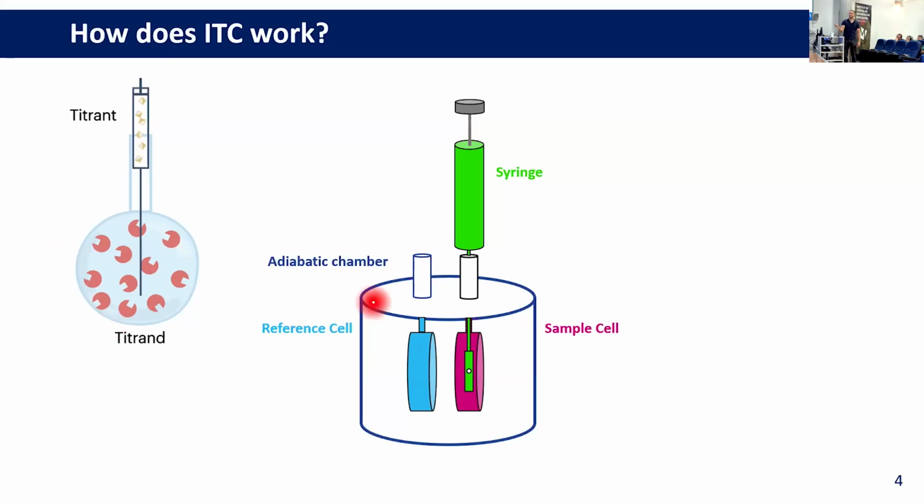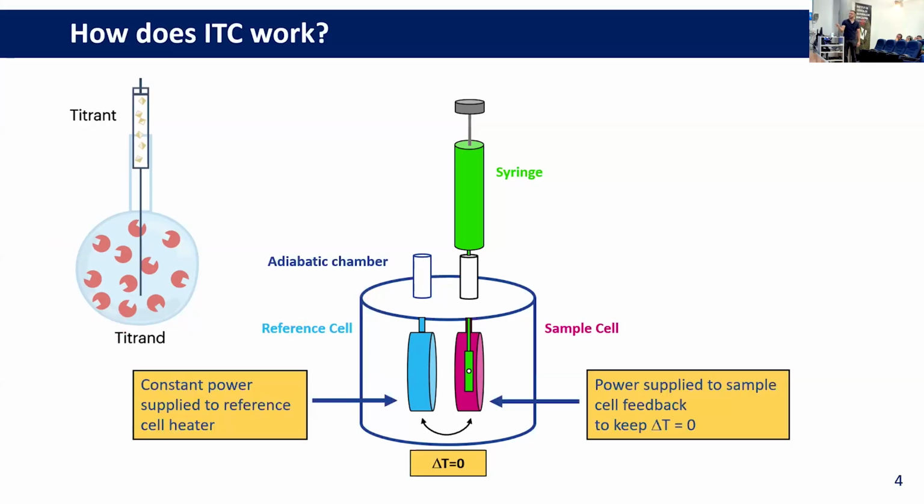And inside this adiabatic chamber we actually have two cells, the sample cell and the reference cell, which is loaded with the same media or buffer as the sample cell. And there is a potentiostat in this machine that tries to keep the same temperature in the sample cell and the reference cell.